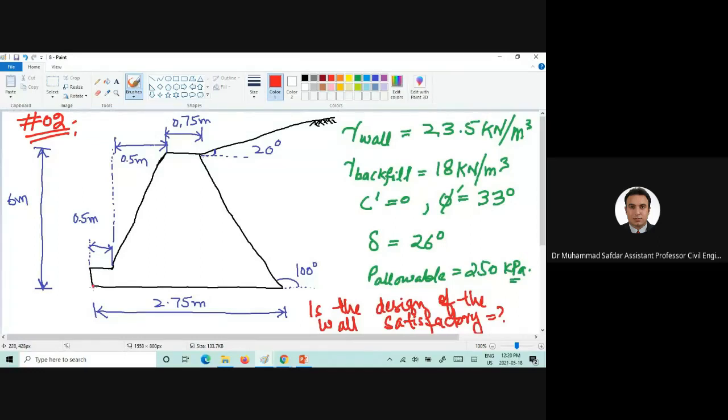Taking the moments about the toe of the retaining wall, what would be the lever arm for the vertical component?